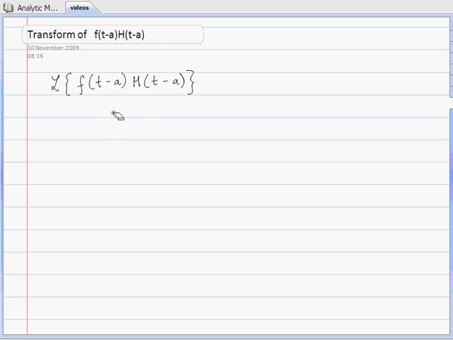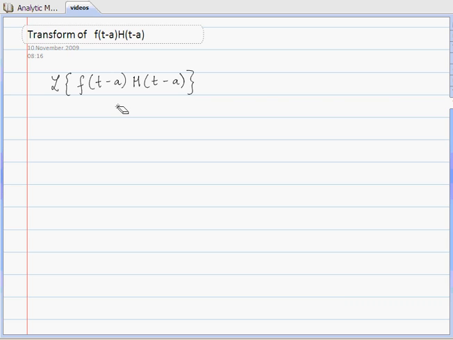like this we're looking at here, where we have an arbitrary function f, or a function that has a Laplace transform, evaluated at the value t minus a, multiplied by the Heaviside function h, evaluated at exactly the same argument, t minus a. As before, t is the independent variable and a is some fixed quantity.